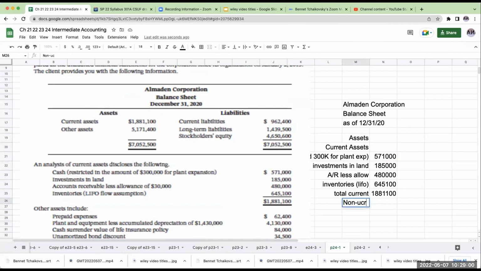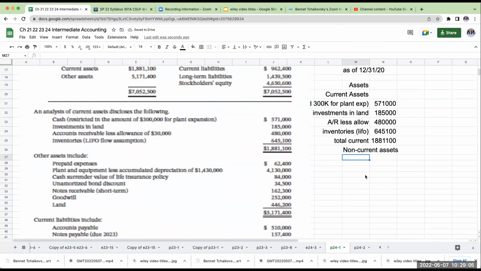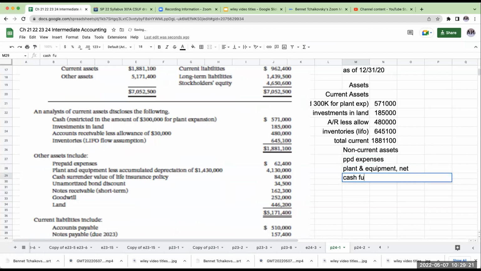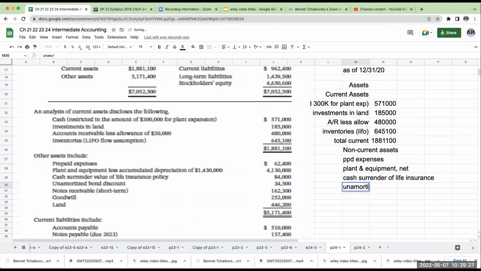So my non-current assets are going to be prepaid expenses, plant and equipment, net cash surrender value of life insurance, unamortized bond discount, notes receivable, short term, goodwill, and then we have land.